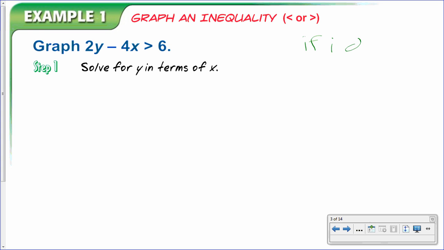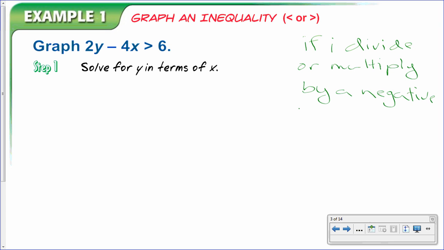If I divide or multiply by a negative number, my symbol flips. Flips, reverses, switches, whatever you want to use.